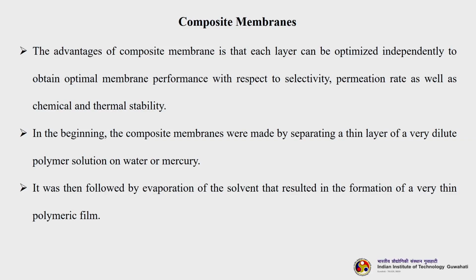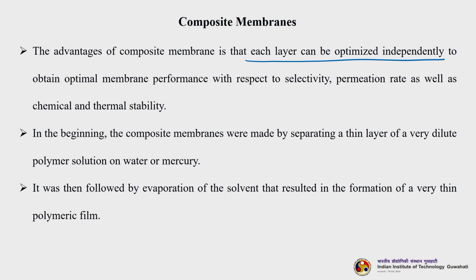To get rid of this, the composite membrane has come into the picture, in which there can be a dense or non-porous top layer of very small thickness, followed by single or multi-layer porous structures or supports. The advantage of composite membrane is that each layer can be optimized independently. This is very important. As shown in our previous slide, we can have a single layer composite or a multi-layer composite.